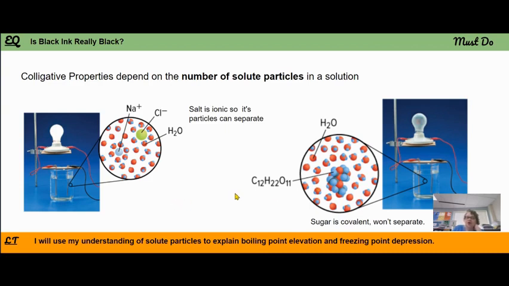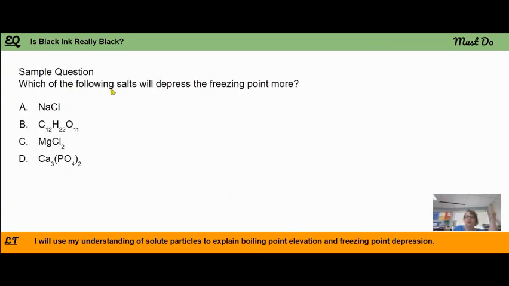In terms of this course, what you need to be able to do is tell me which of the following will depress the freezing point more, or the boiling point.